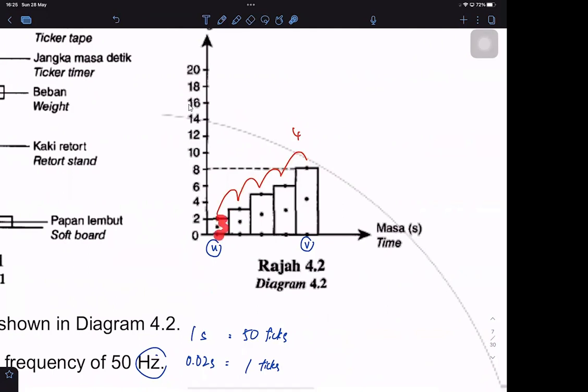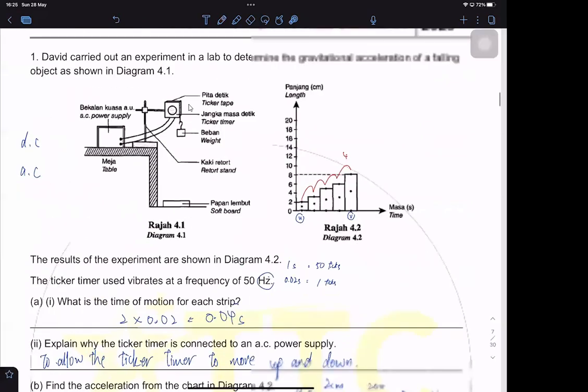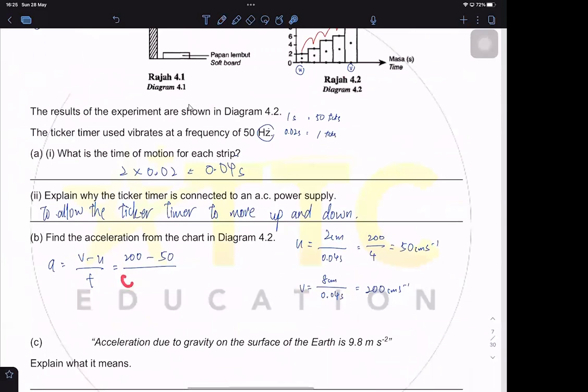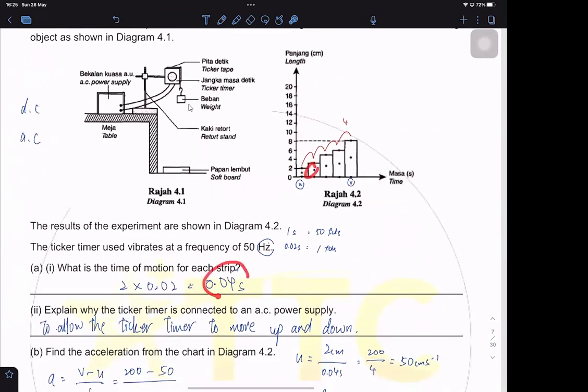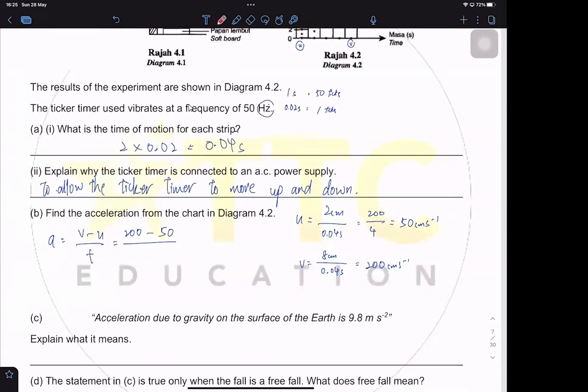So it's more like 2, 4, 6, 8. So basically it's like 4 times 2 times 0.02. But you already know one strip is 0.04, so if you jump over 4 strips, you can just put 4 times 0.04.